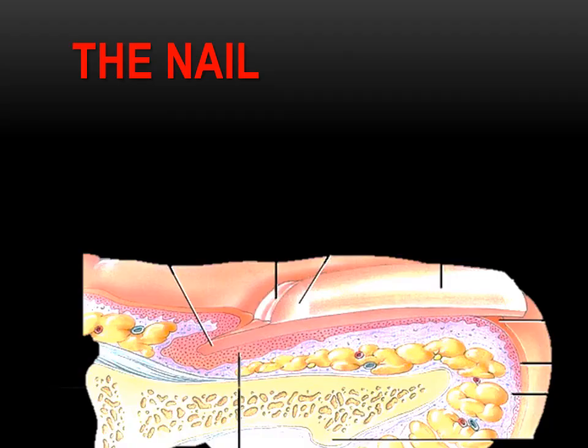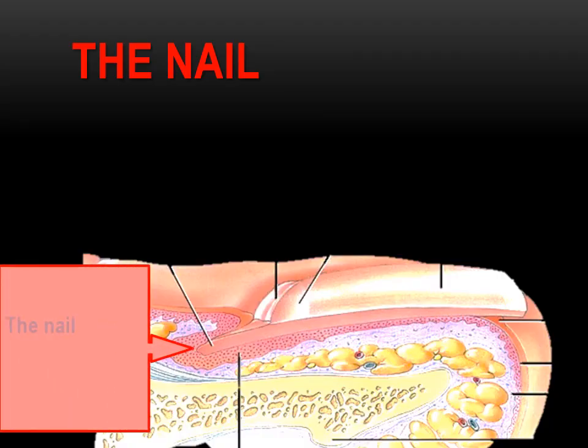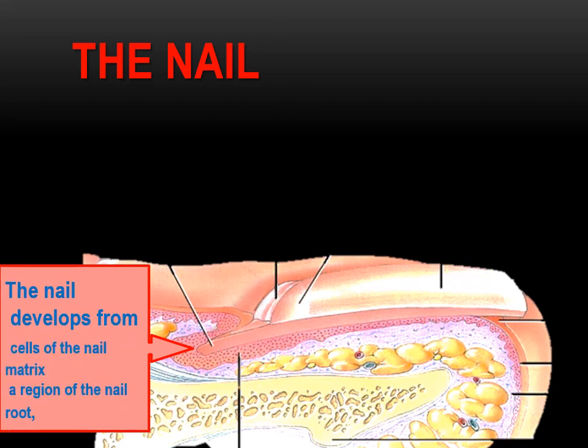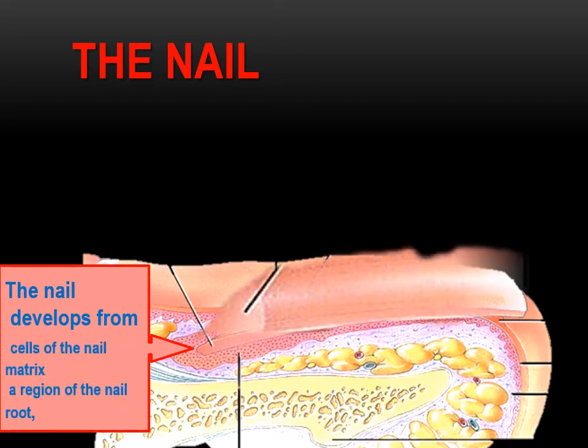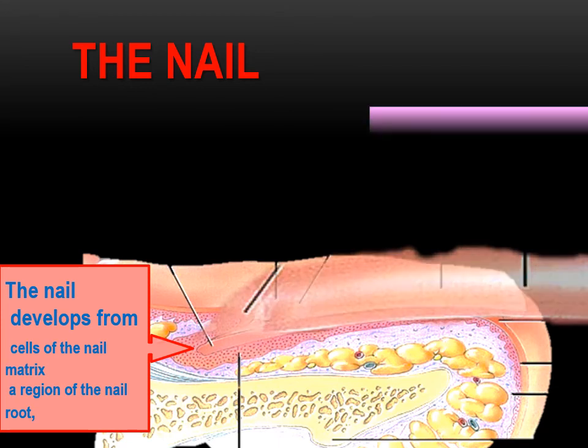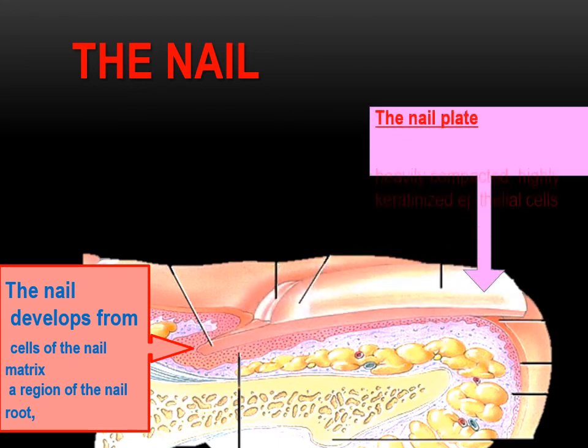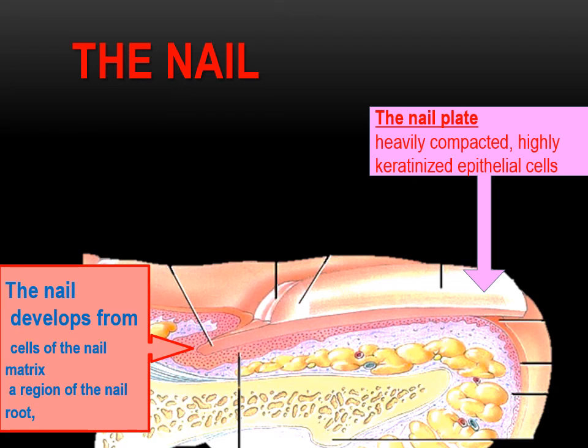The nail. The nail develops from cells of the nail matrix, a region of the nail root. And this forms the nail plate, which is heavily compacted, highly keratinized epithelial cells.